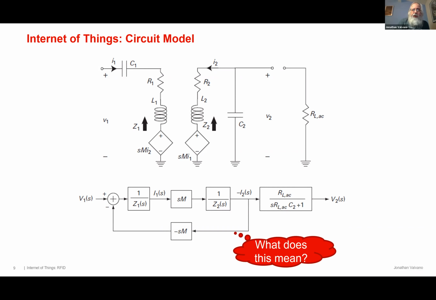S, as you know, is a derivative term, M is the mutual inductance, and I is the current through the other coil. So there is an induced voltage due to the derivative of the current in the other coil, and conversely, it's mutual, so I2, the current in the secondary, is coupled back into the primary with an sMI2.